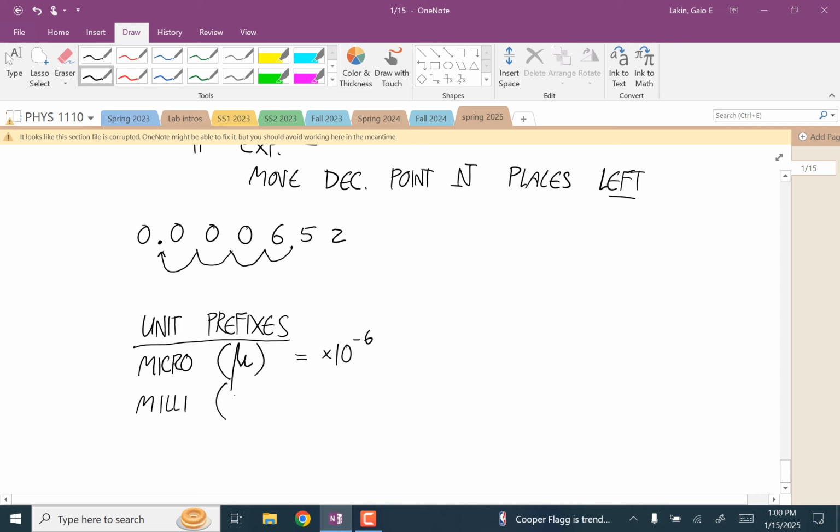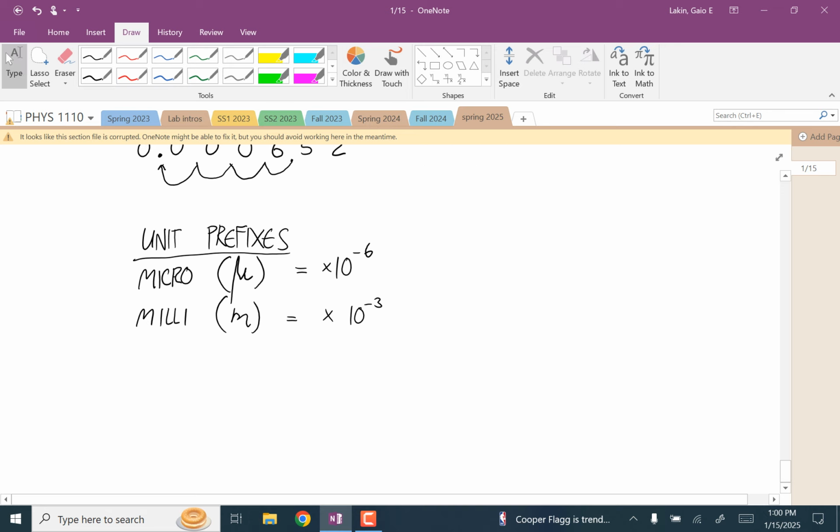That's represented with a lowercase m, and that means times 10 to the minus 3rd. The next one is centi. That's represented with a lowercase c, and that means times 10 to the minus 2.